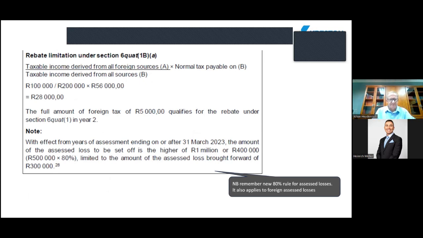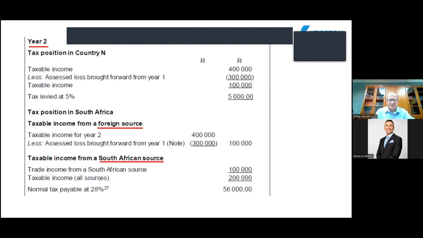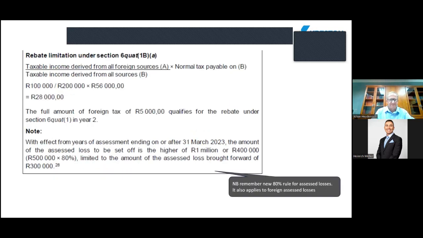Just remember then, with effect from years of assessment ending on or after 31 March 2023, the amount of the assessed loss to be offset is the higher of 1 million Rand or 400,000 Rand times 80%. But obviously in this case, it's less than that.